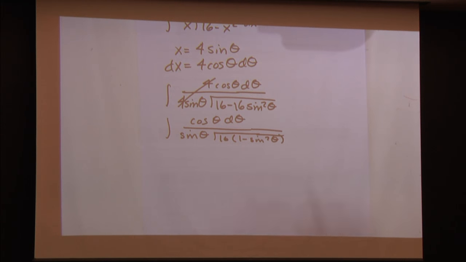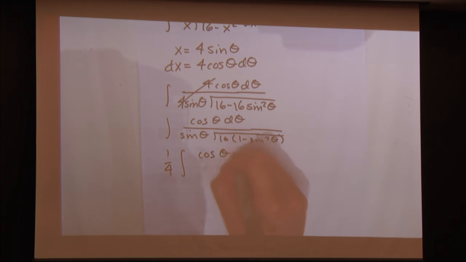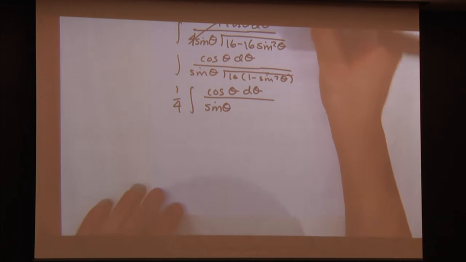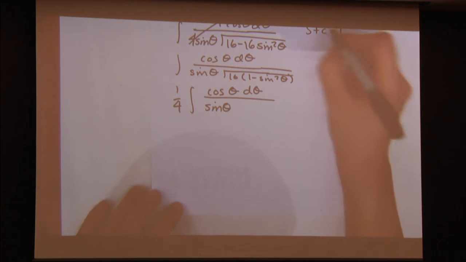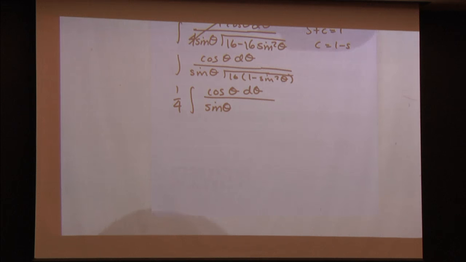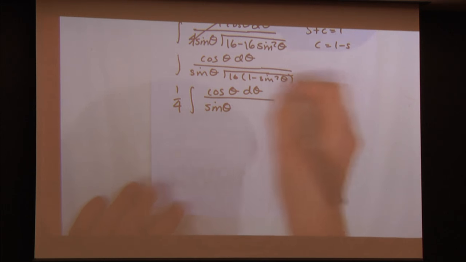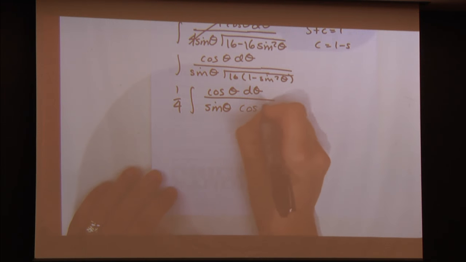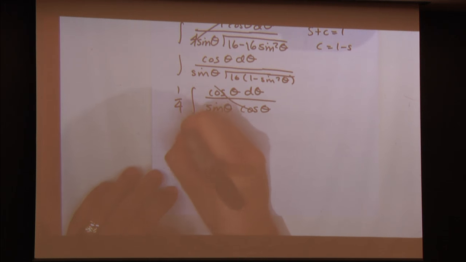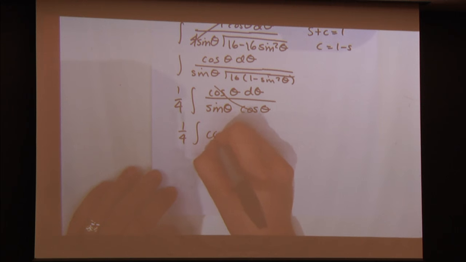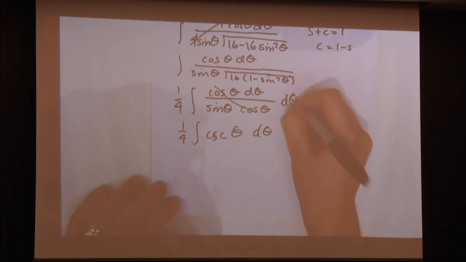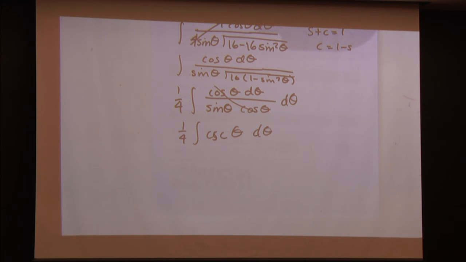Sine squared plus cosine squared is equal to 1, so cosine squared is equal to 1 minus sine squared. So then this becomes cosine squared under a root, which is just cosine. Cosines cancel. You have 1 over 4 cosecant theta d theta. I already have the d theta there.